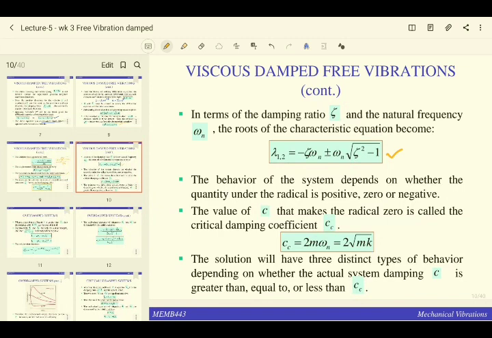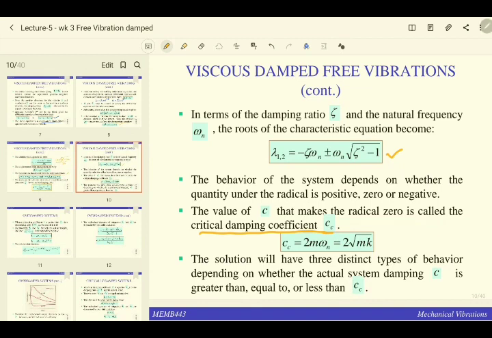The c that makes the radical 0 is called the critical damping coefficient, Cc, which is 2 m omega n. Don't worry, the list of equations will be given in the test. You can also see it in Moodle. But of course you need to know what is C and what is Cc.